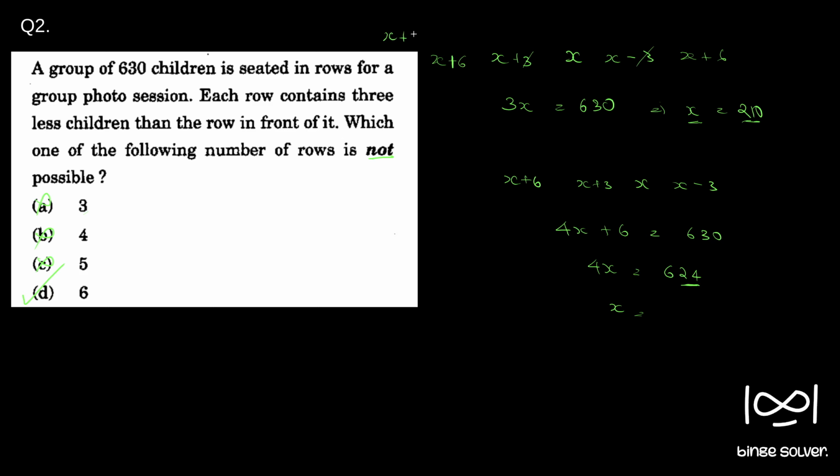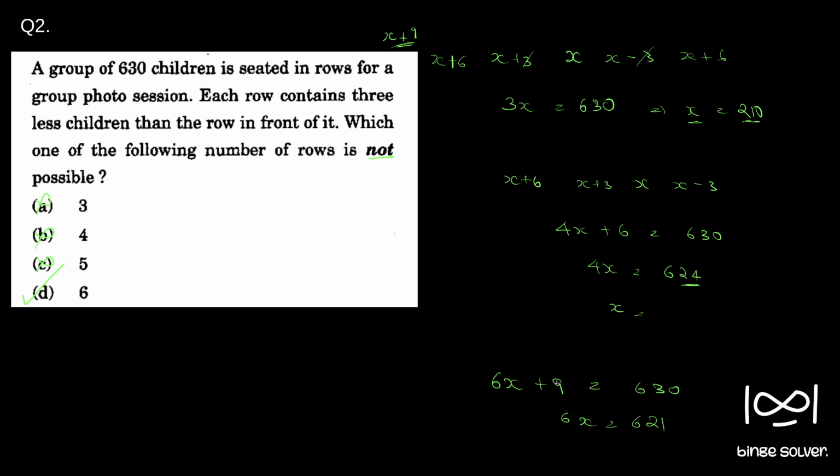So we can put one more, x plus 9, right? 3, 6, 9. So x plus 9 will also come. So 6 rows, 1, 2, 3, 4, 5, 6. So 6x plus 9 will be the sum, which has to be 630. So 6x is equal to 630 minus 9, which is 621.